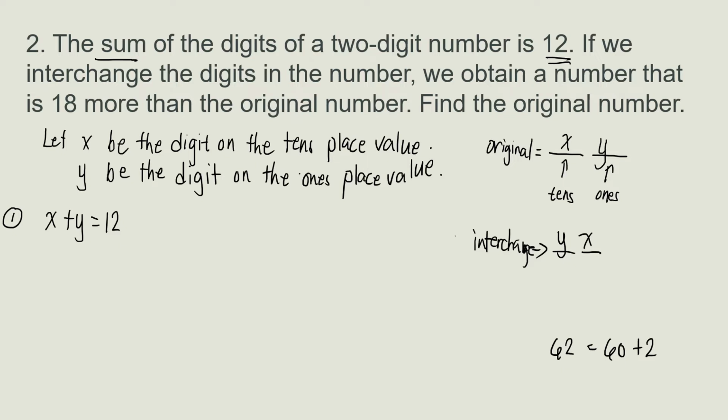The reason for this is the place value. Whatever is on your tens place, you need to multiply it by 10. That's why you have a 60. And the one on your ones place value, we multiply it by 1, or no need to multiply at all. If we follow the same technique, we can write xy.